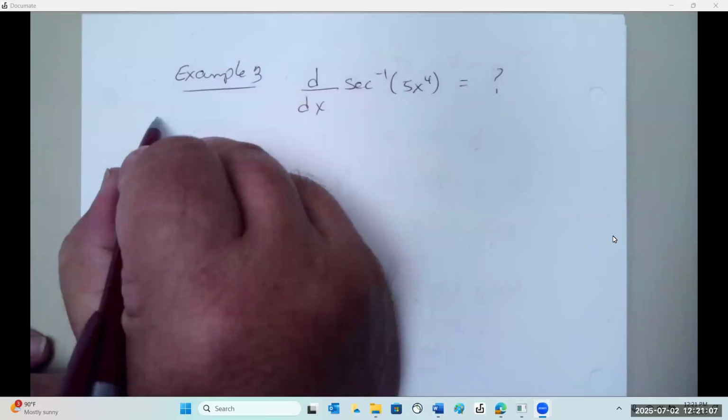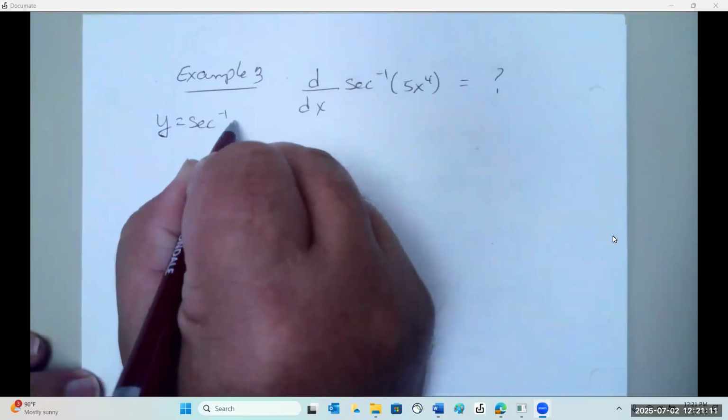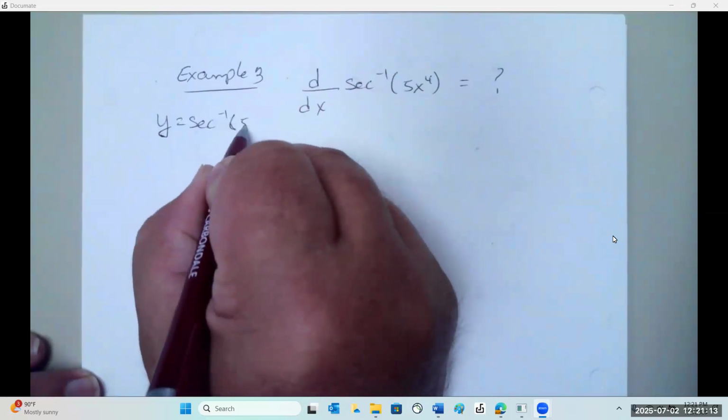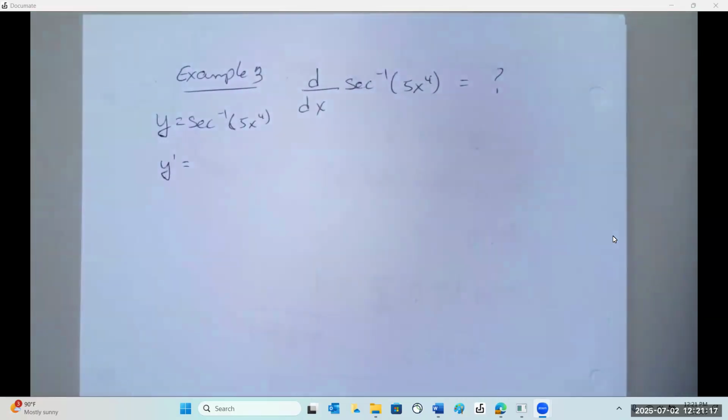I could say y is equal to the inverse of secant of 5x to the 4th. Find the first derivative.